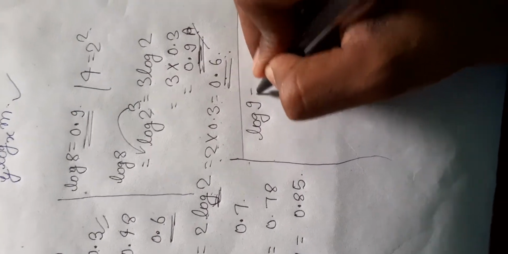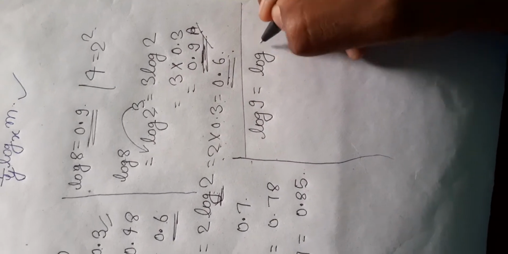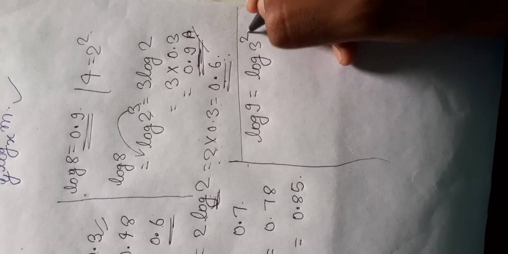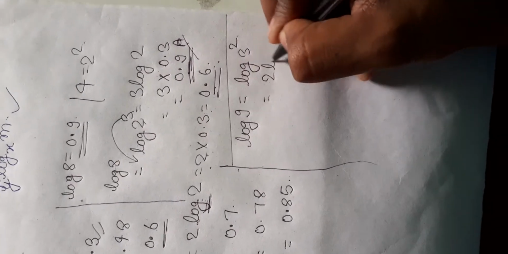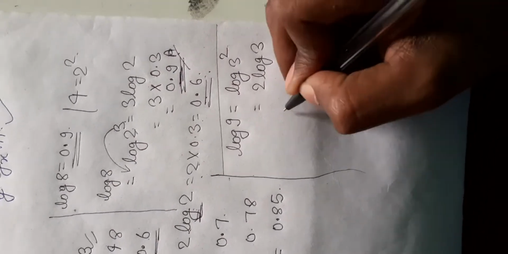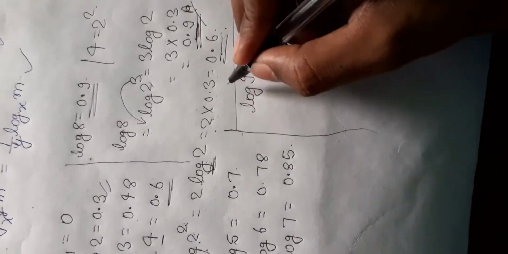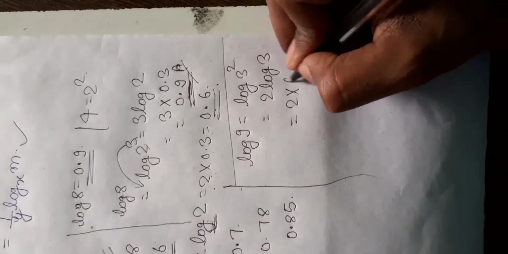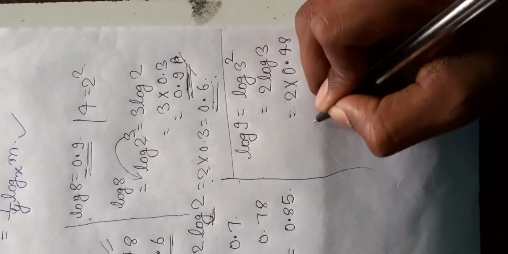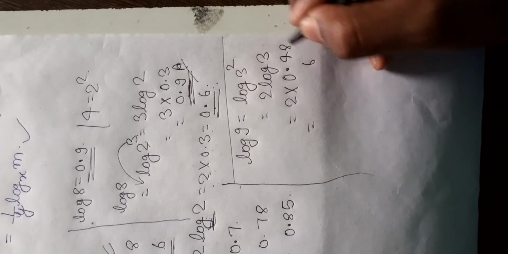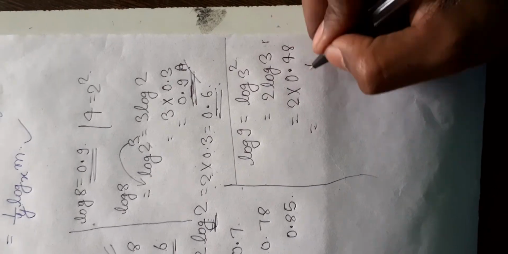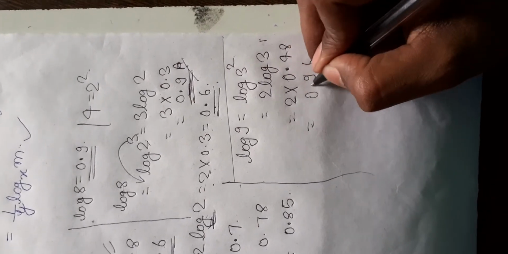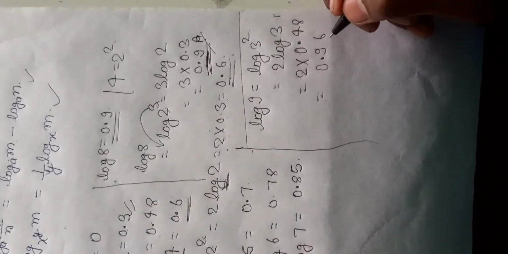Now come to log 9, we can write log 9 as log 3 squared, 2 log 3, and log 3 is equal to 0.48, so it becomes 0.96.